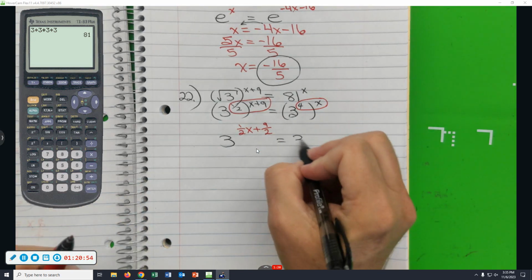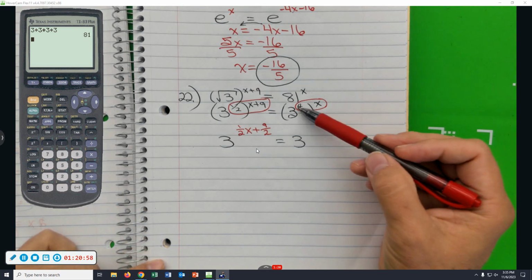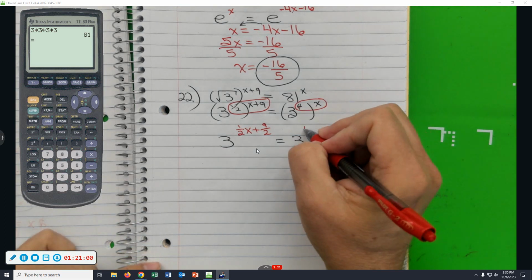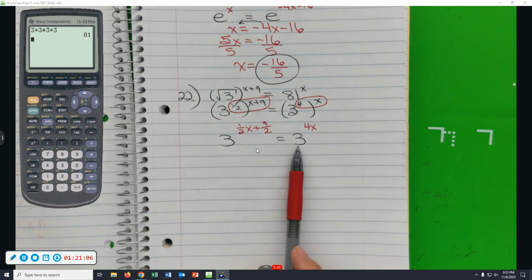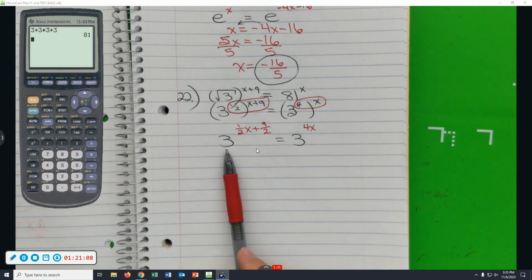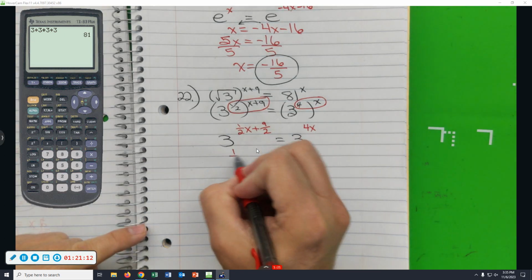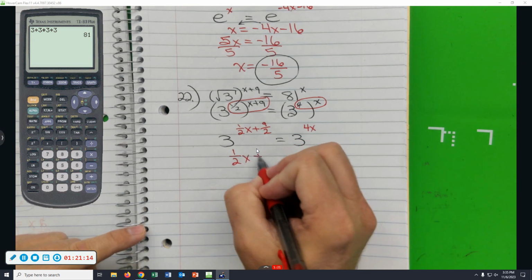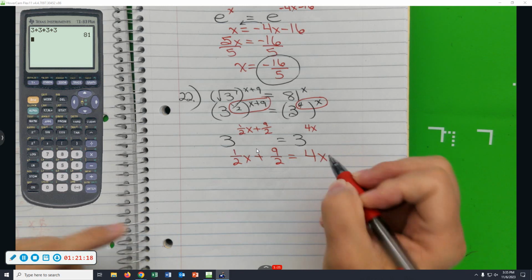What have we got on the right-hand side? 4 times x gives me an exponent of 4x. And once you have a like base on both sides, you can drop the base and set the powers equal. So we have 1/2 x plus 9/2 is equal to 4x.